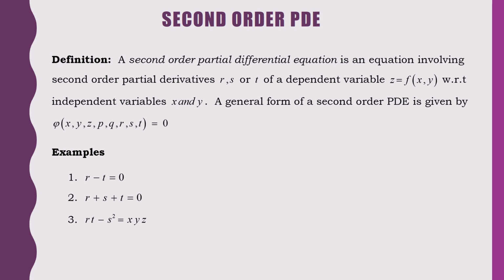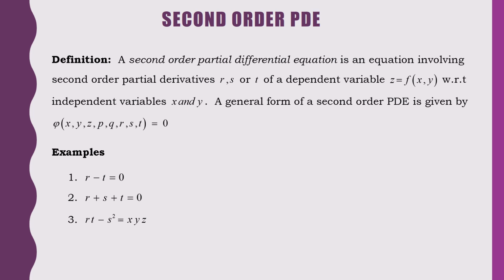The dependent variable z equals f of x comma y depends on two independent variables x and y. Geometrically, z equals f of x comma y represents a surface in the three-dimensional space.